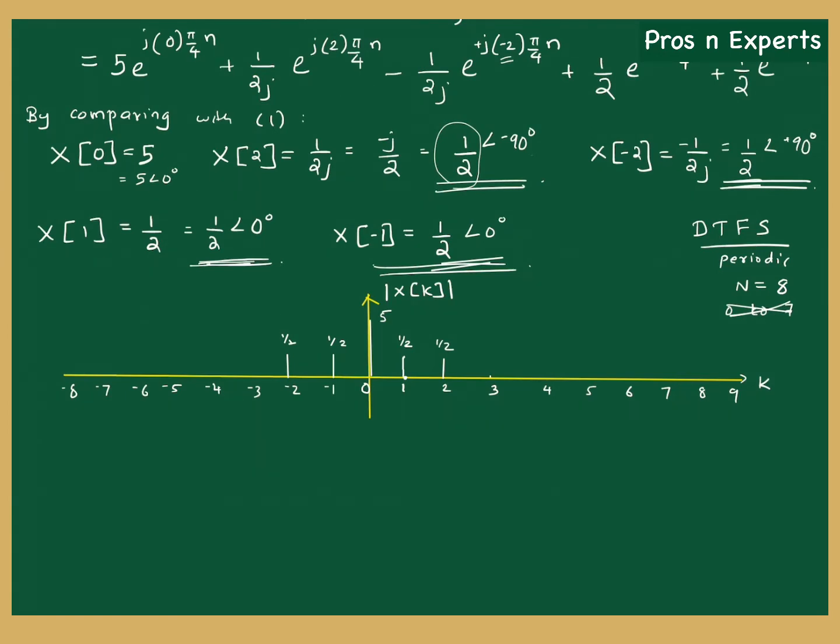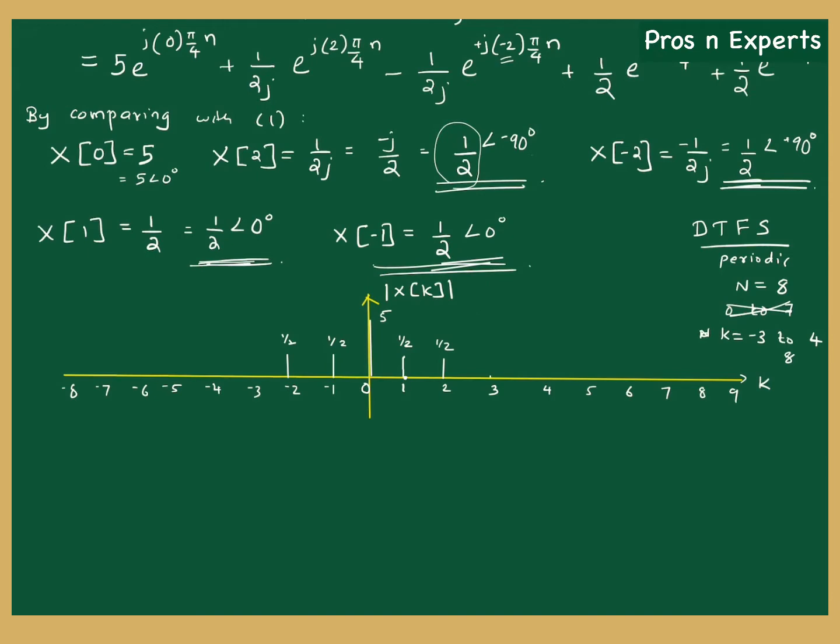For example, I can take k equal to -3 to 4, which means 4 minus (-3) plus 1 is 8 samples. So from -3 to 4, including 4, this is one complete time period.